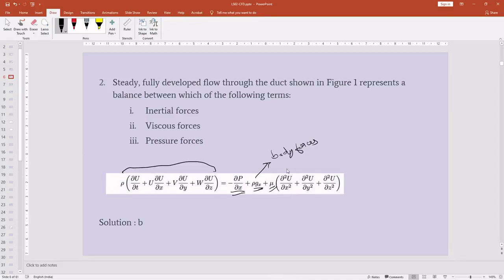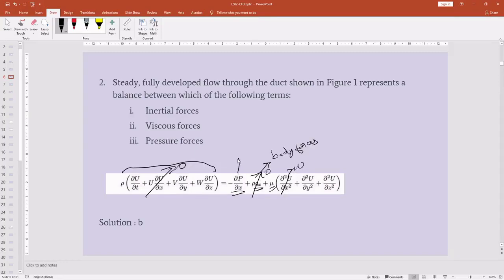So for a fully developed flow, which forces create the balance? We have derived the governing equation for this particular flow. There we eliminated this term; this becomes zero. Again, this we neglect. Also, this term goes to zero.